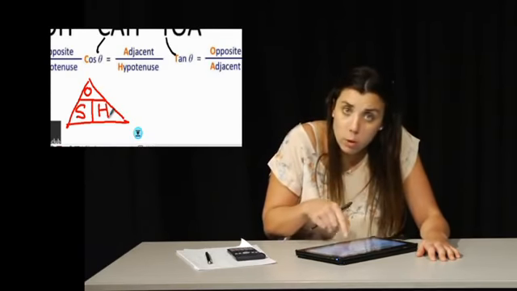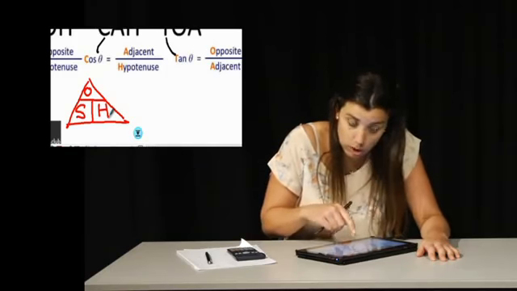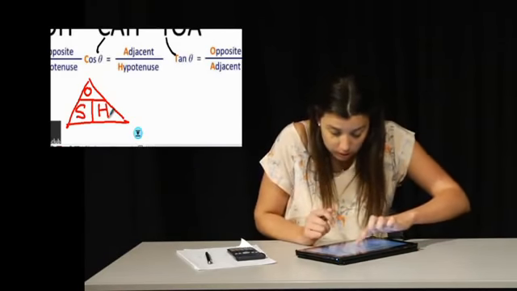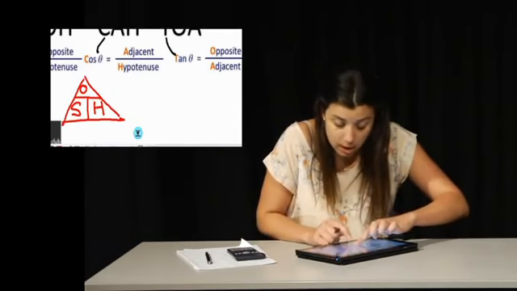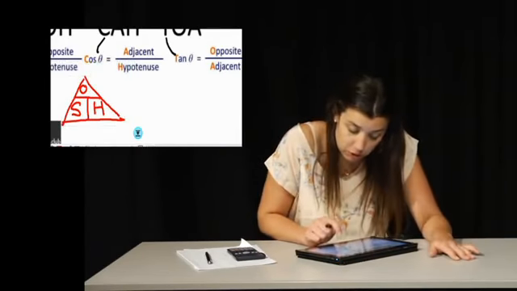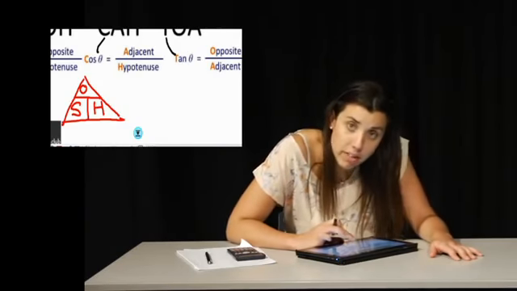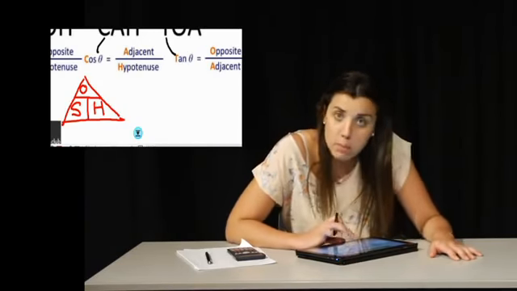Now what you can use this for is to be able to find the missing one. So if you wanted to find O, cover up O, and then you look at S, you do sin times hypotenuse. If you wanted to find the hypotenuse, you would cover that up and do opposite divided by sin.